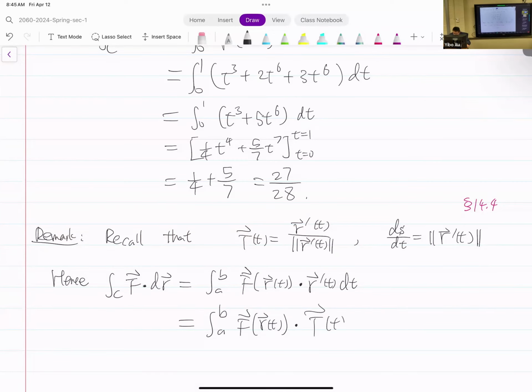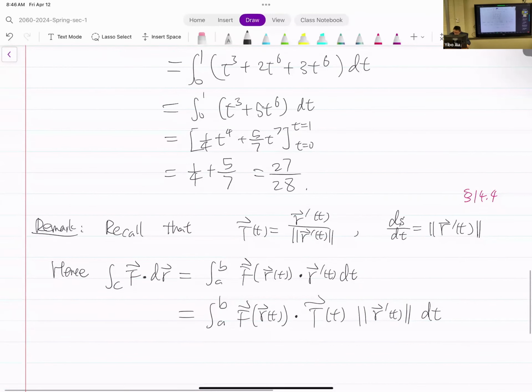So the unit tangent direction multiplied by the magnitude of r prime, and now we follow by dt, okay? So with this substitution, we can go even further, because this part, from the second equation above, is exactly ds, okay? This is the increment of our length.